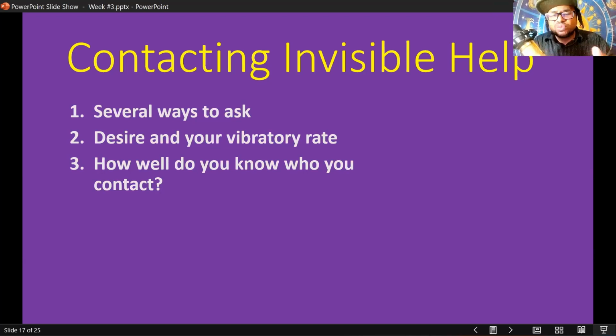And then once you tune into that particular vibration, now you are in that area that deals with those things. Now you have to determine the quality of the person that you're going to contact in that marketplace. The quality of the person that you're going to contact inside of that marketplace is going to be based off of your intent.